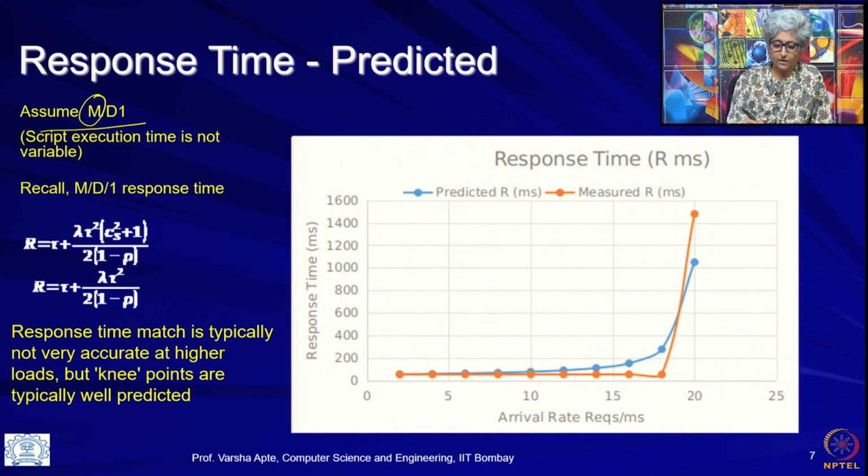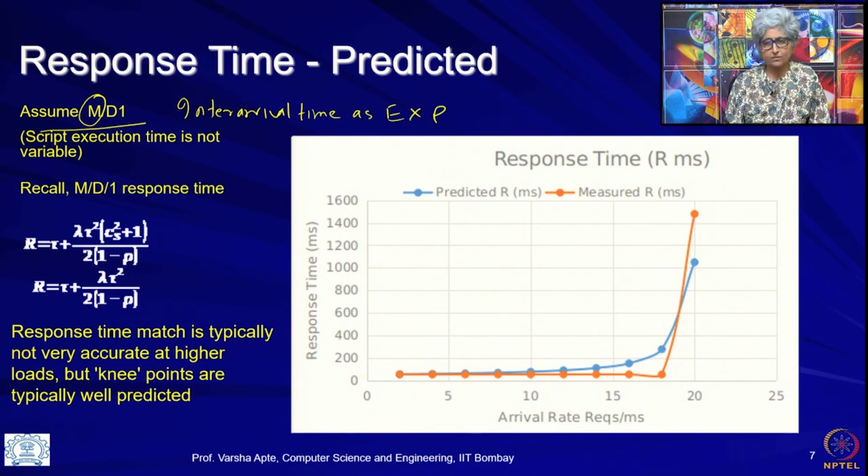You can give the inter-arrival time as exponential to the load generator, but it may not be able to do that very precisely, but we still assume it because one reason is that it is the only formula we have. So, we may want to just ask the question as to if I use this formula, how far from the real measurement is this formula's prediction, right.